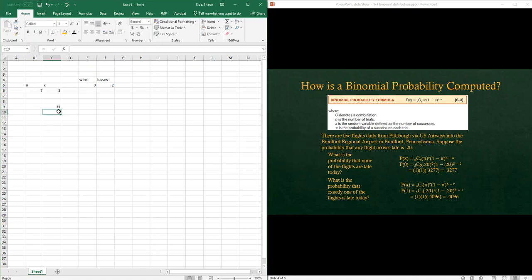So now we have pi. What is the probability of them winning a given game? The probability is 0.5.